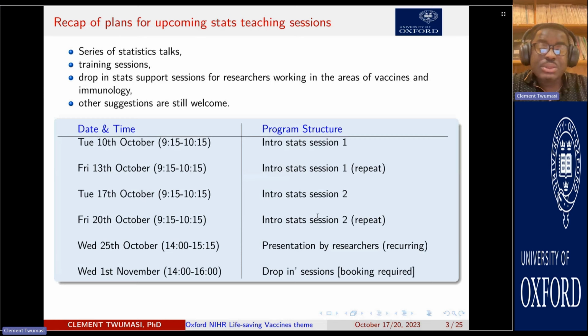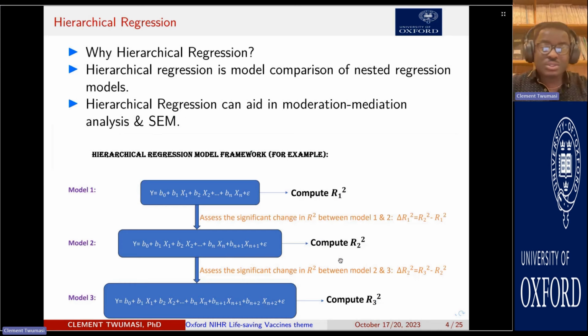This is still at the developing stage, so we'll still need your feedback to know the best way we should approach it. We're also thinking about some drop-in sessions, which is still in the developing stage. So your feedback is really, really needed. Without wasting time, we'll just go straight in.